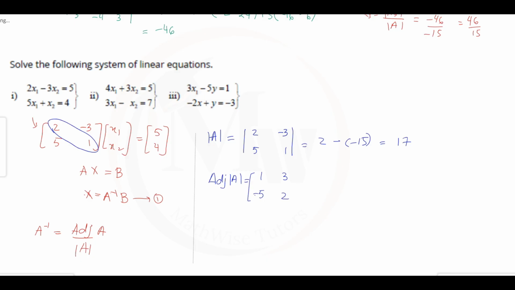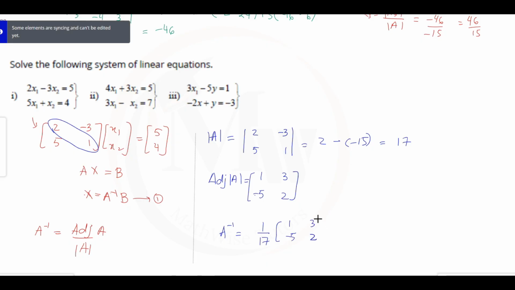This is the adjoint of A. And after finding these two, A inverse is actually 1 by 17, because the A determinant is in the denominator, so 1 over 17 times the adjoint of A, 1 minus 5, 3 and 2.